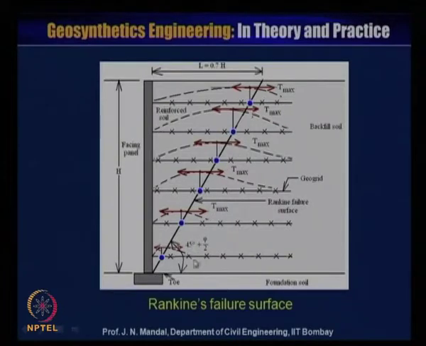We have discussed already how you can obtain the Rankine failure surface line, which makes an angle of 45 degrees plus phi by 2, and this is the toe. If the height of the wall is H, this distance will be equal to 0.7 times the height of the wall, that means 0.7H.